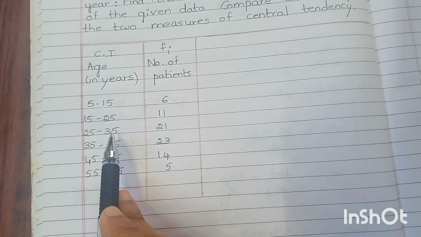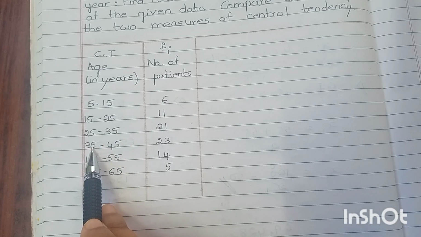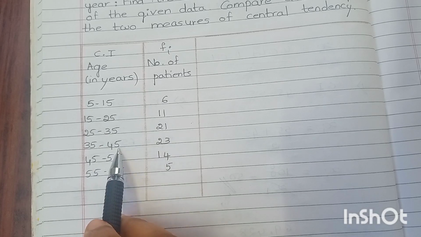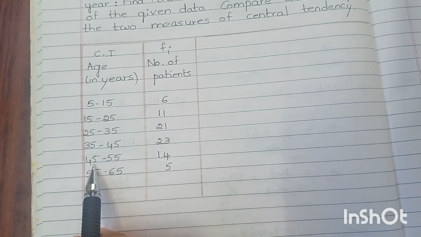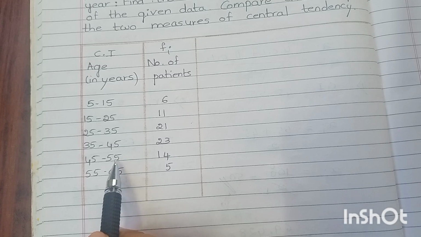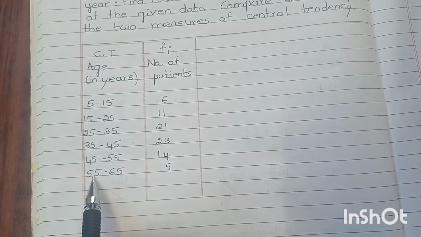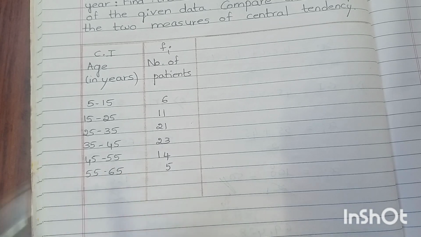Here it ends at 35 and the next one starts from 35. Here it ends at 45 and the next class interval starts from 45. Here it ends at 55 and the next class interval starts from 55. So the class intervals are in order, no need to worry.